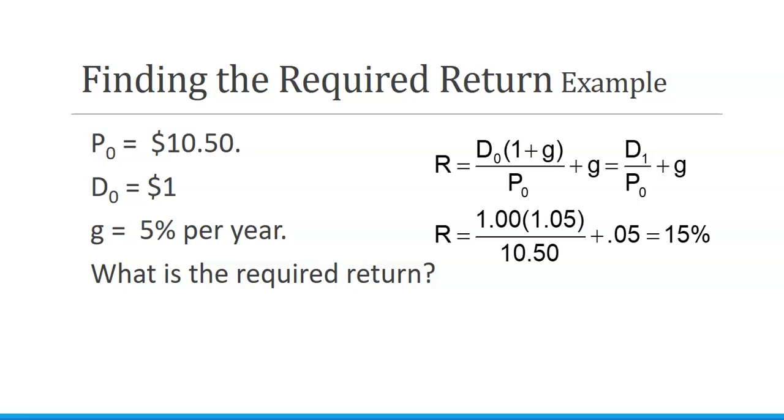So the required rate of return, if we put it into that formula, is 1 times 1.05, which is our growth rate, divided by the price of $10.50, plus our growth rate 0.05, equals a required return of 15%.